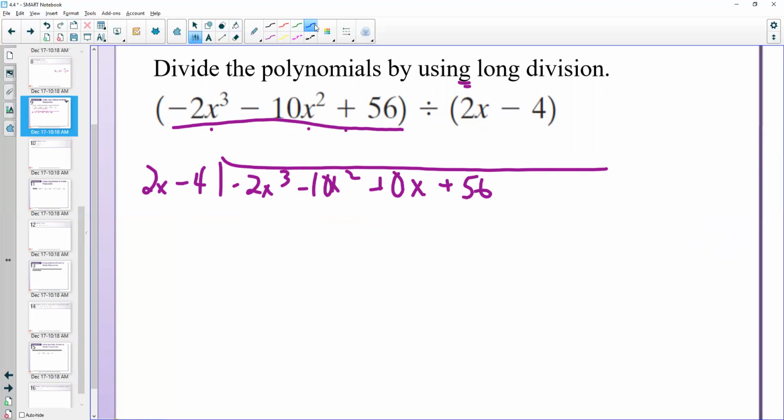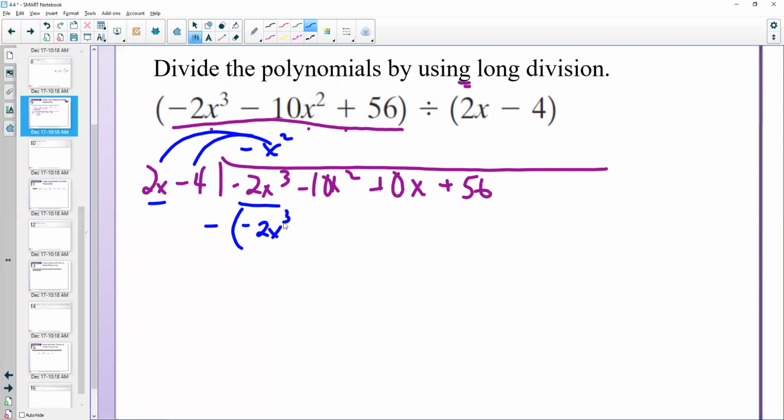How do I turn 2x into negative 2x cubed? Well, I'm going to multiply by negative x squared, right? So now I'm going to distribute. I'm subtracting. Negative x squared times 2x gives me minus 2x cubed.